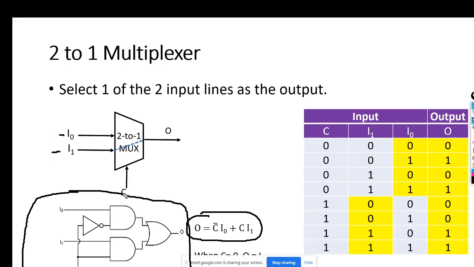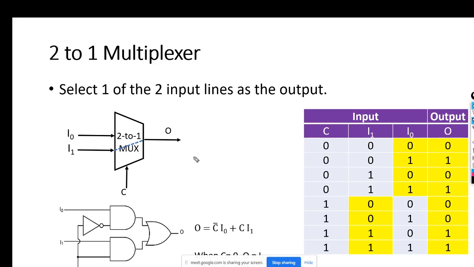When we have two inputs, you just need one control signal. You will see the pattern later. When you have two inputs, you need one control signal. When you have four inputs, you need two control signals. When you have eight inputs, you need three control signals, etc. In this case, you just need one control signal for the two inputs. So if you have a circuit like this, its output is given by this formula.